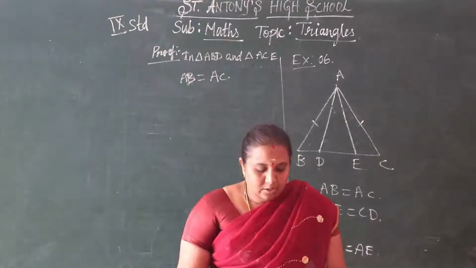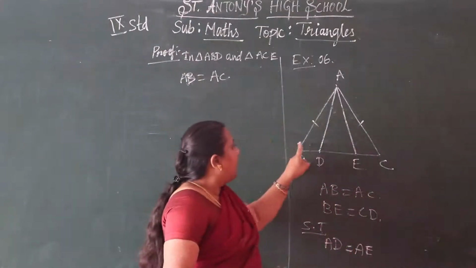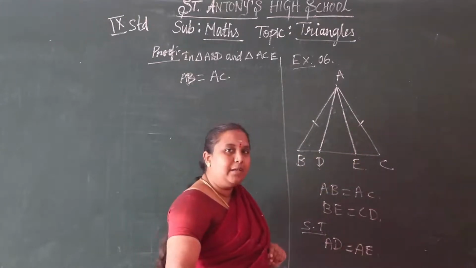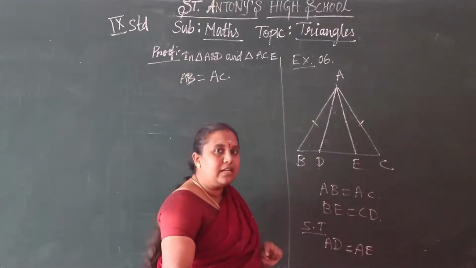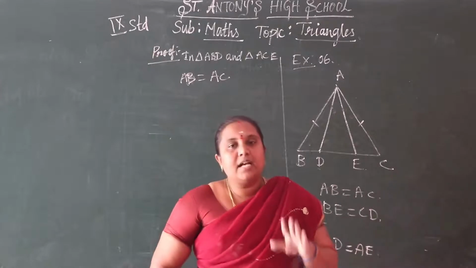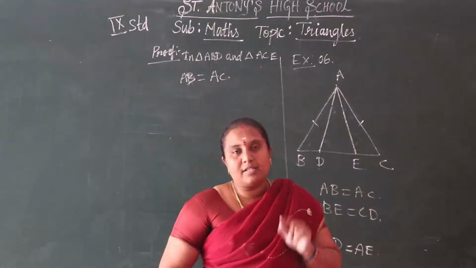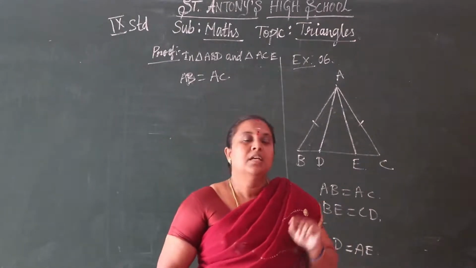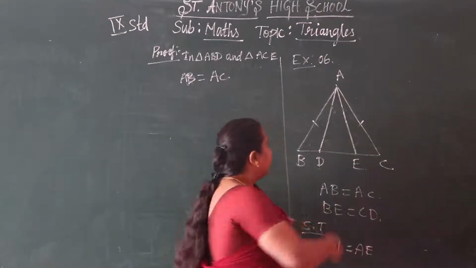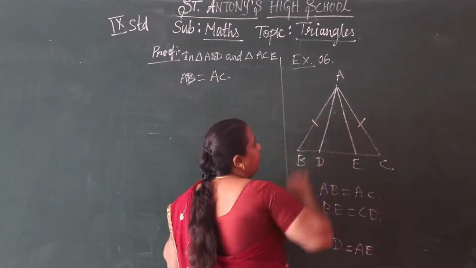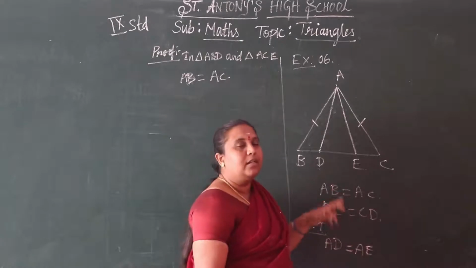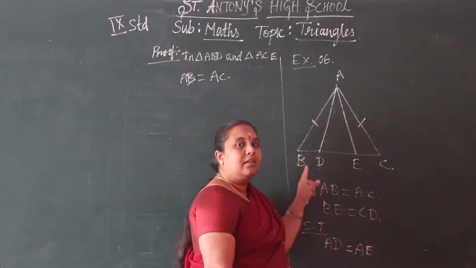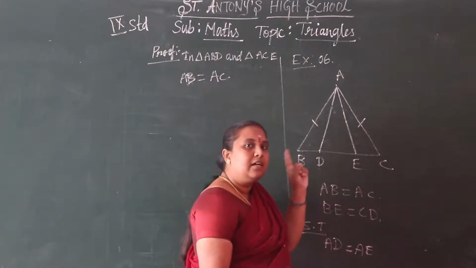And then we know angle B equals angle C. Why? Because it is an isosceles triangle, as given in the question. If it is an isosceles triangle, two sides are equal, and two sides being equal means the angles opposite to the equal sides are equal.